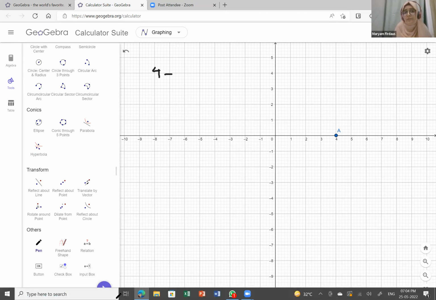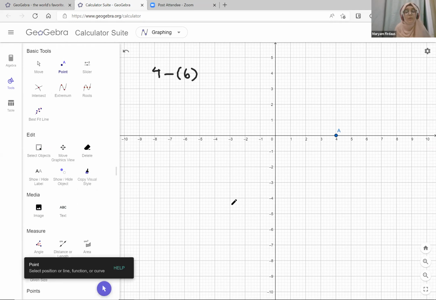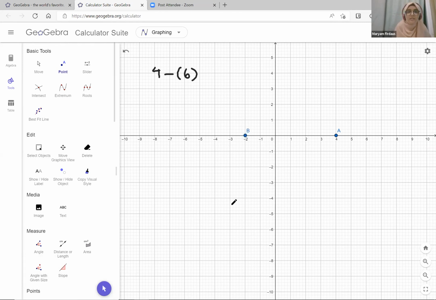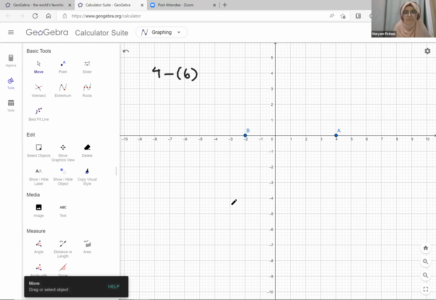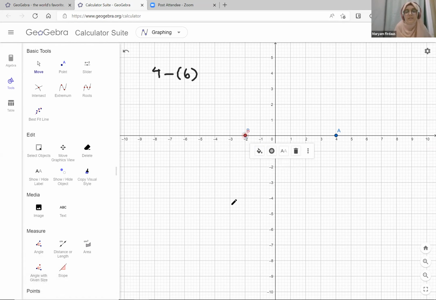And I'm subtracting from it a positive integer, which is 6, right? That means I go 6 places to the left. So when I go 6 places to the left, what point will I land at? I have -2. Yes, -2. And this is to the left of our original integer.